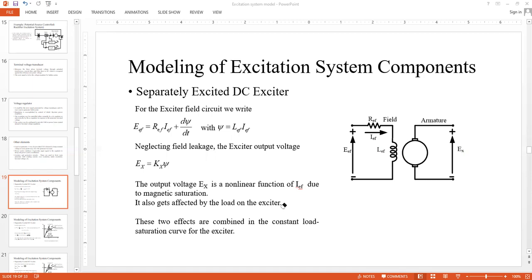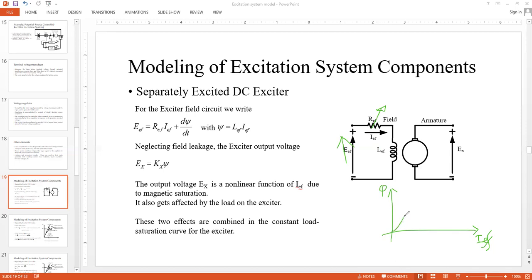So E equals KX into psi. Now, the problem is that once you start to increase the I, let's say this is my I. Increasing I means you increase IEF or you reduce REF, the resistance of this path. Because it is separately excited, there is no need of residual flux; you can start from the very beginning.